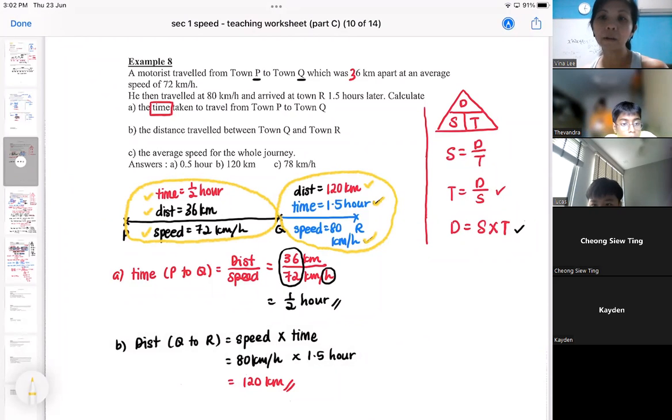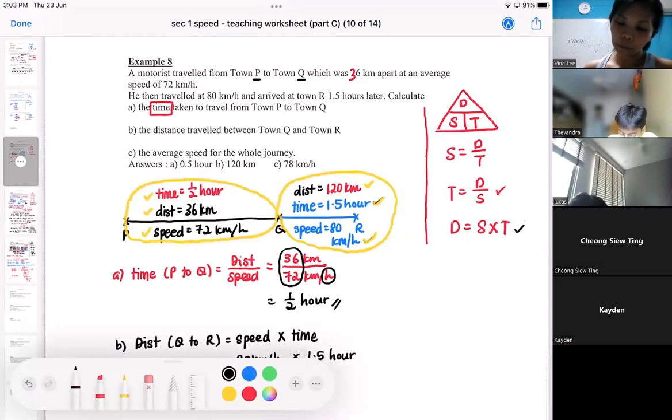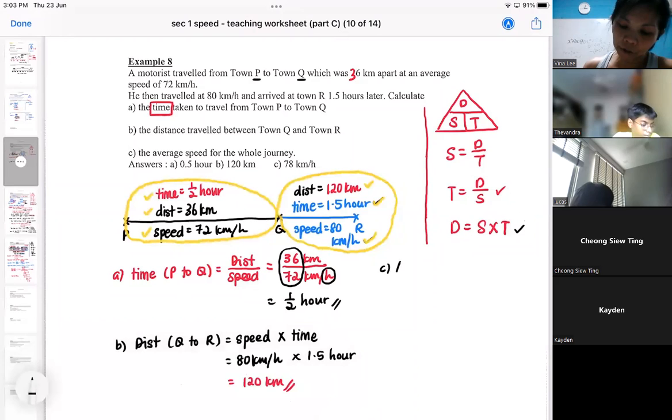So you got everything ready so that you can find the average speed. So from here, it's very easy. If you would like the average speed for the full journey.